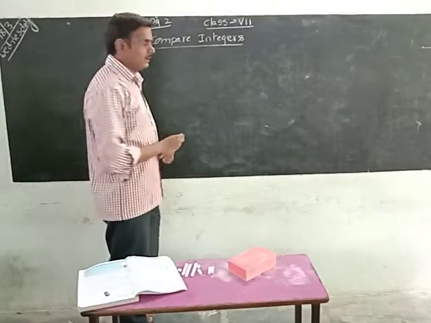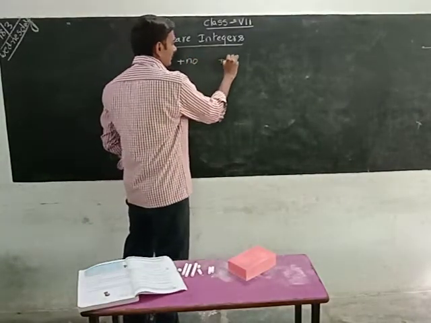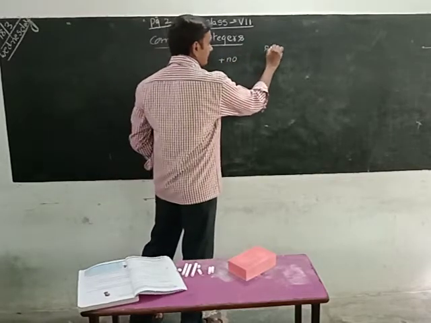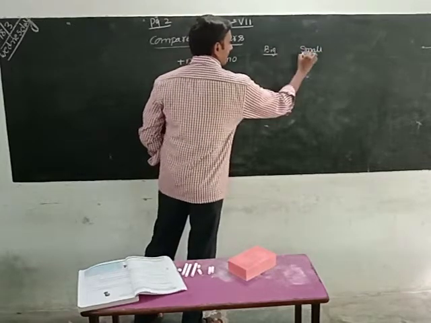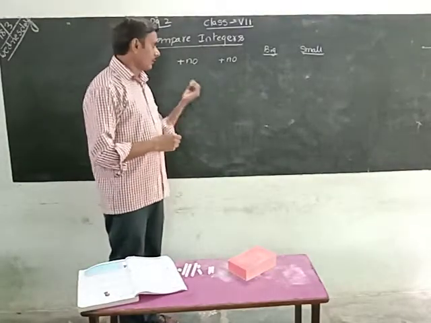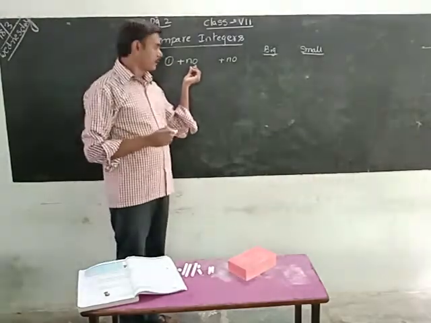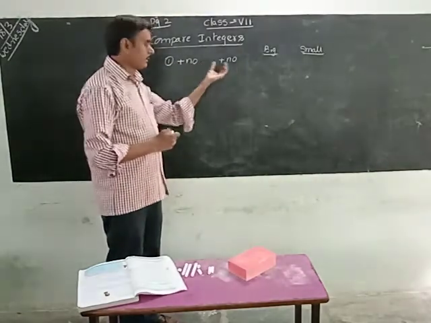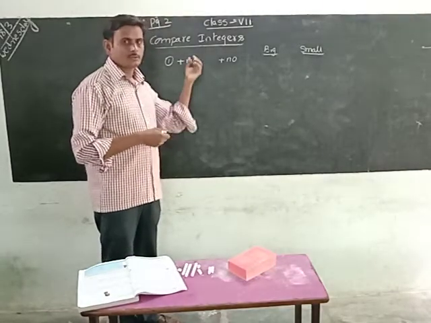Whenever a positive number is compared with a positive number, we already know how to compare, so I don't want to say this one. The number which lies first is the smaller. When comparing positive numbers, we are already familiar with those comparisons.